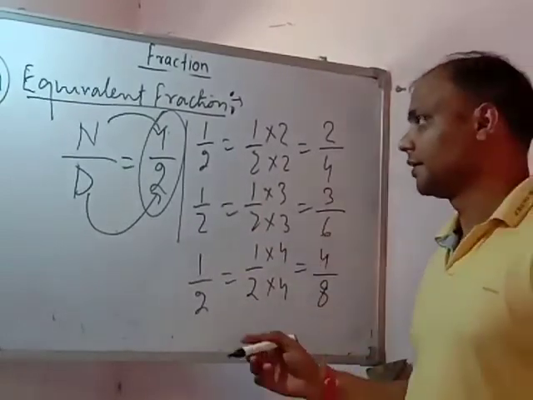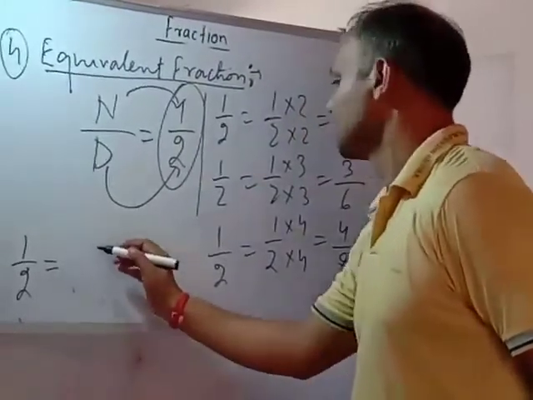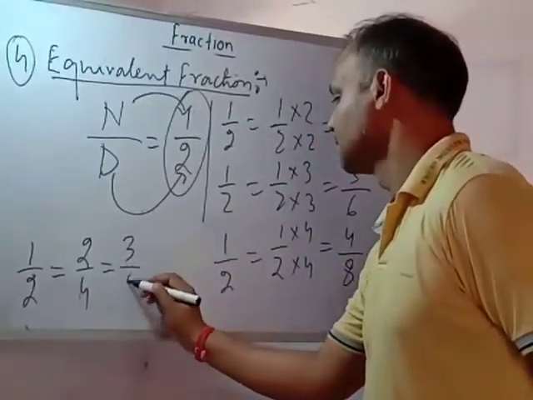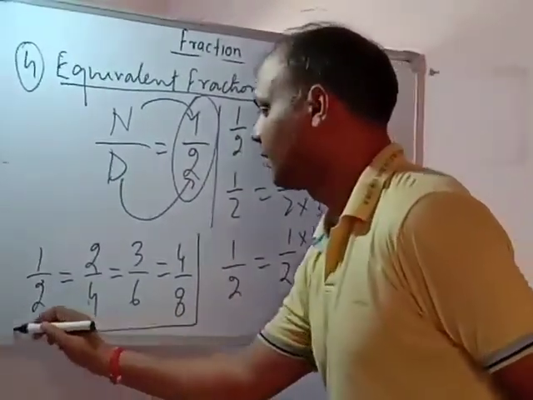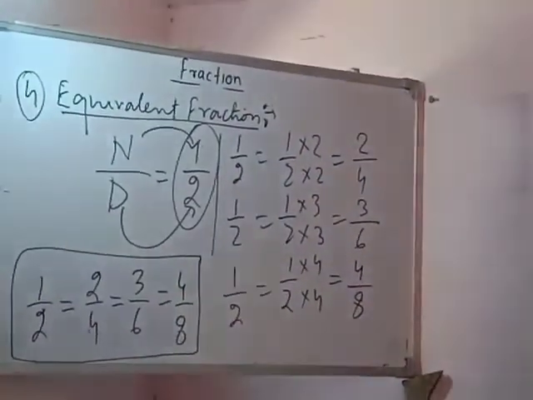So at last 1 by 2 equals 2 by 4 equals 3 by 6 equals 4 by 8. These fractions are all equivalent to each other.